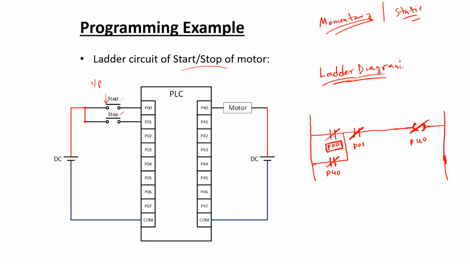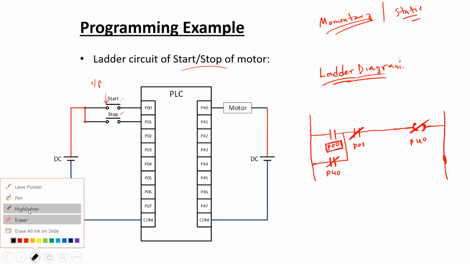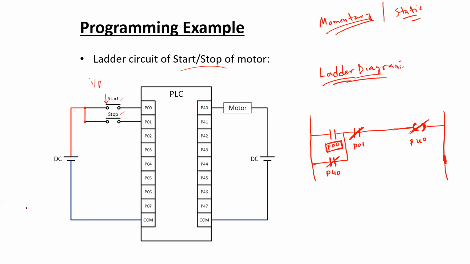Now if this starting switch is released by the operator, the contact corresponding to the P00 pin will again become normally open. However, as the output coil was already energized, its corresponding contact will remain closed, and this should give a continuous path, and the motor will continue getting a high signal until this stop button is pressed.